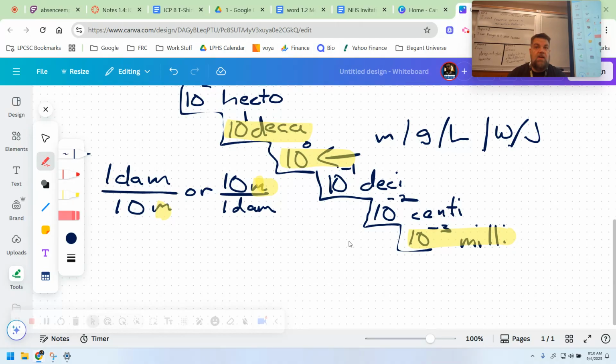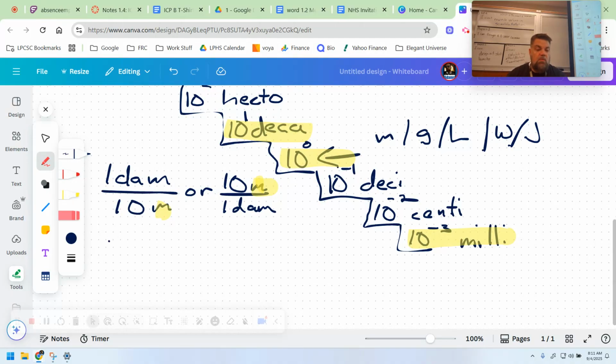I kind of thrive on this stuff. I like doing math and stuff like that. But I still try to keep it whole numbers. So really what this is saying is that 1 millimeter is 1/1000th of a meter. But I do it backwards.